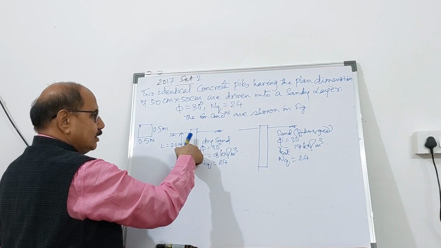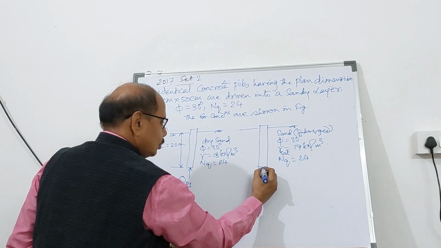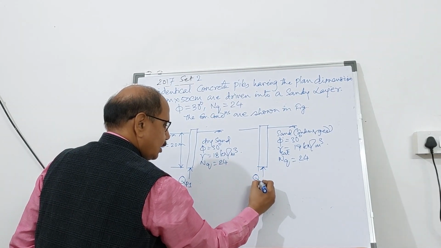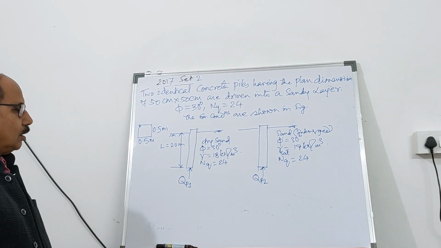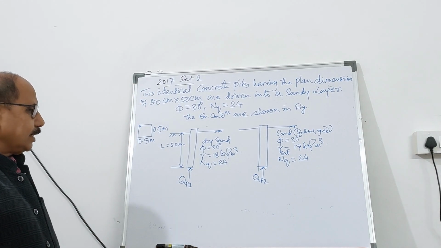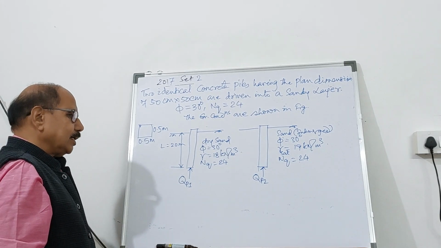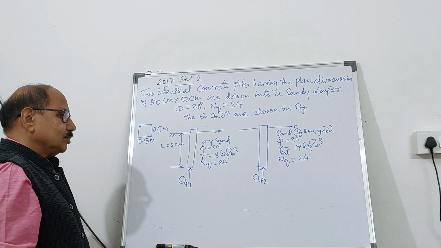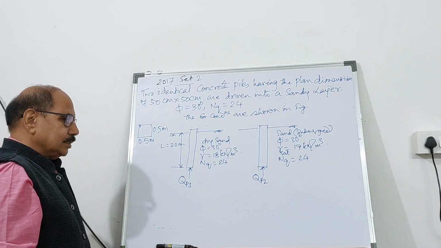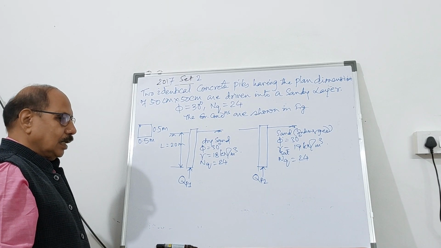So two identical piles, 1 and 2, and therefore here the point bearing capacity, or the end bearing capacity and resistance, is given to you as QP2.